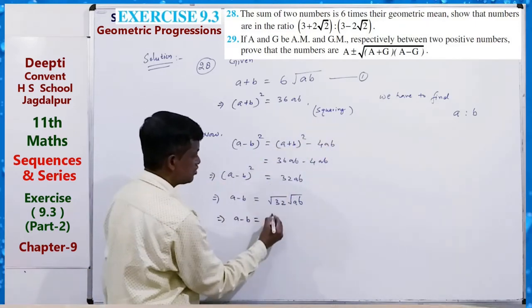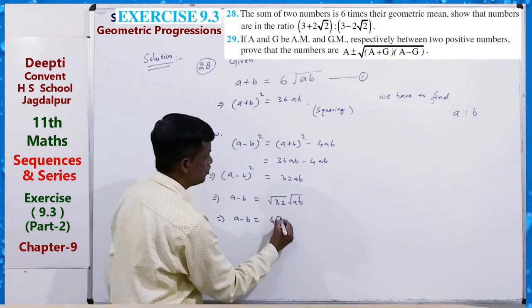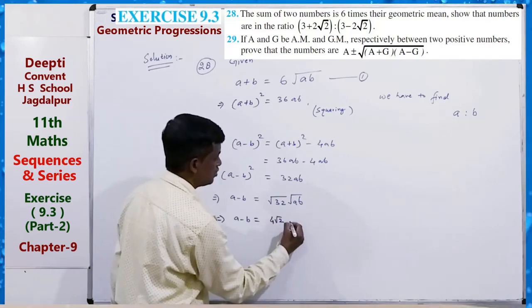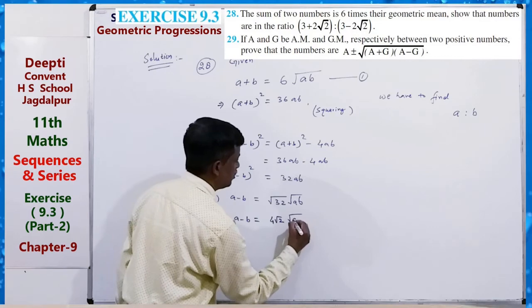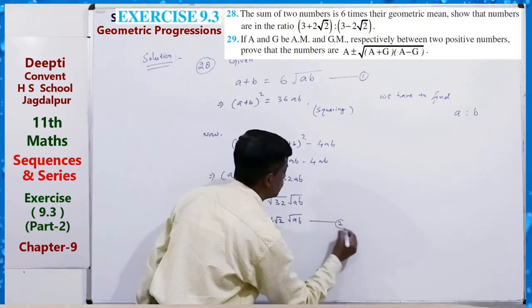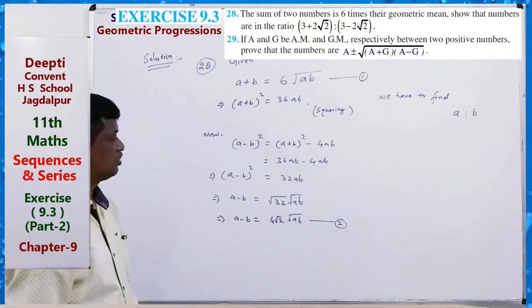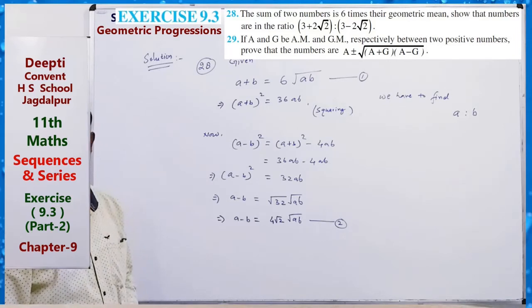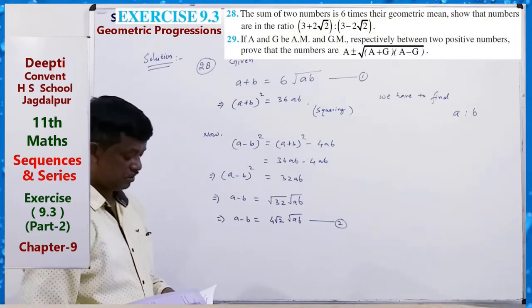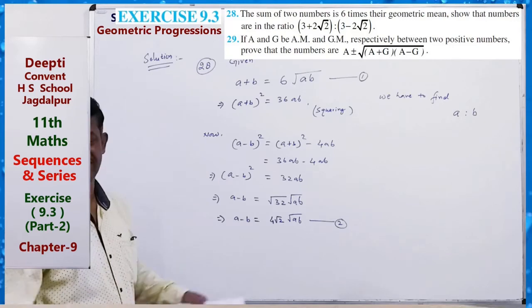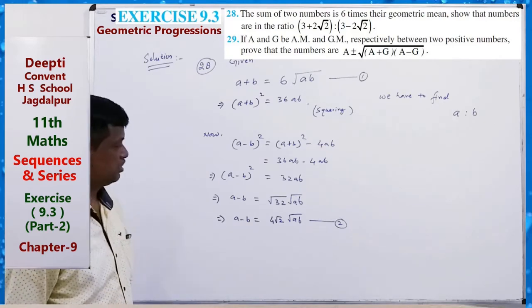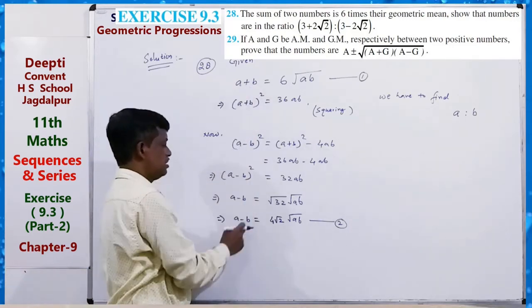So a minus b equals 4 root 2 root ab. This is equation 2. Clear? Now we can solve these two and then find the ratio, because this is a plus b, this is a minus b.